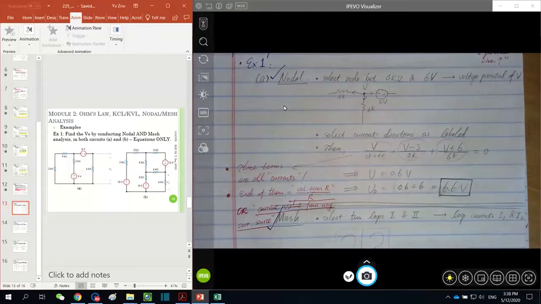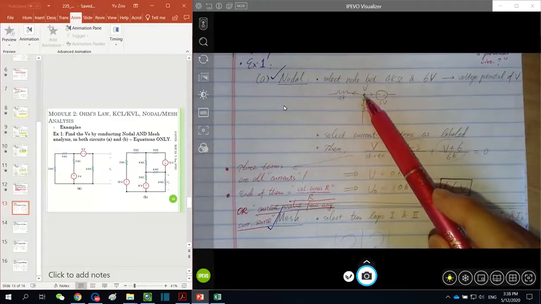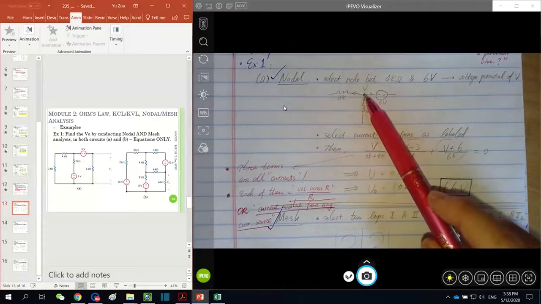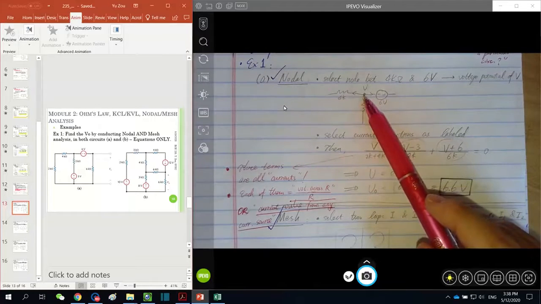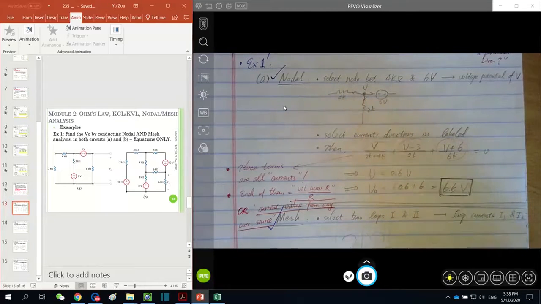So first of all, we select the middle node here, and we need to define a voltage at this node as V. Since we're only choosing one node, we don't have to have a subscript to differentiate from any others. To write a KCL, we identify there are 3 branch currents.